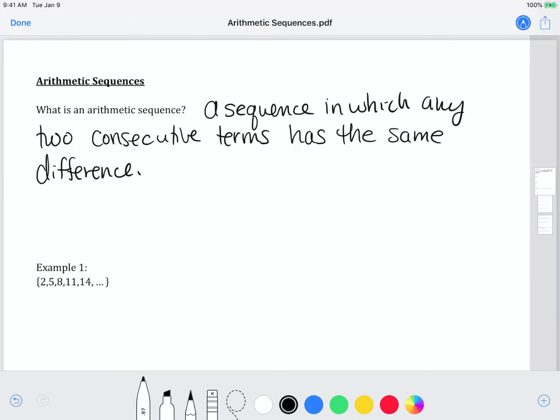This is known as the common difference, and we denote it with the lowercase d.